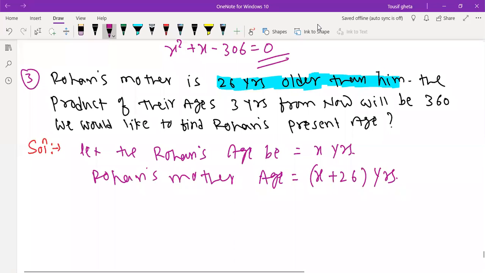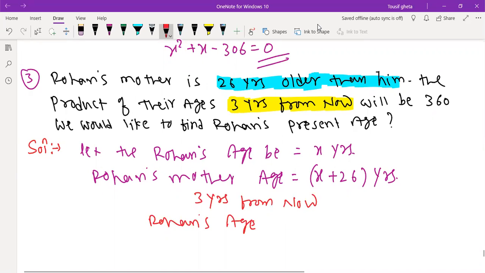So next data now. The product of their ages 3 years from now. 3 years from now. This is very important. The meaning of product is multiplication. 3 years from now means from now, 3 years. So let us do it. 3 years from now, Rohan's age will be x plus 3.